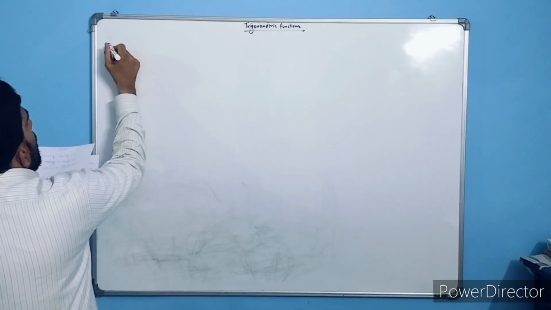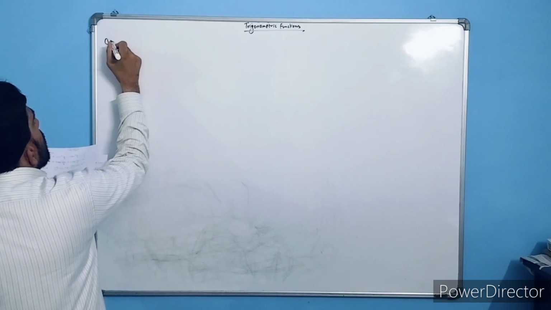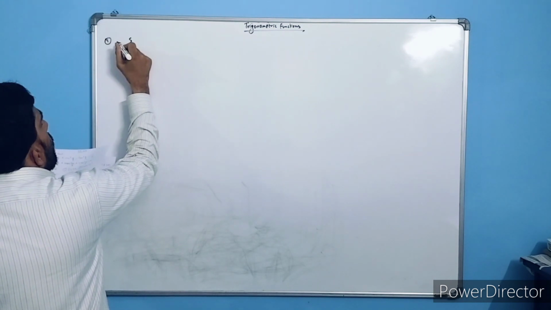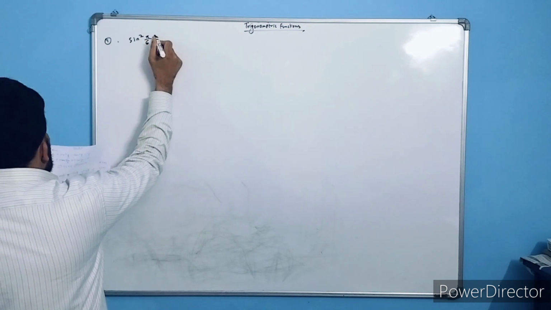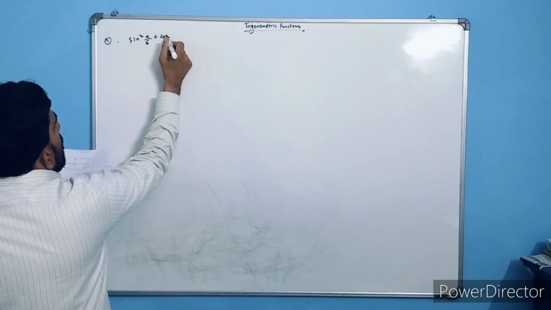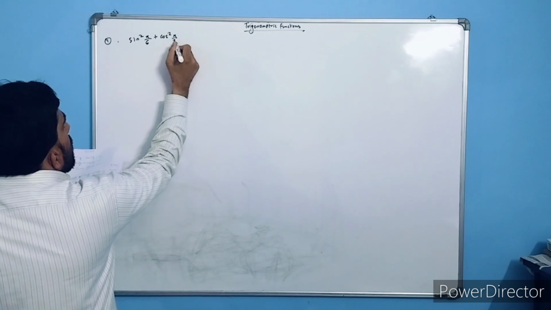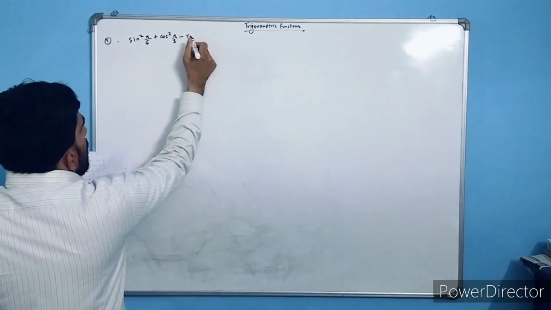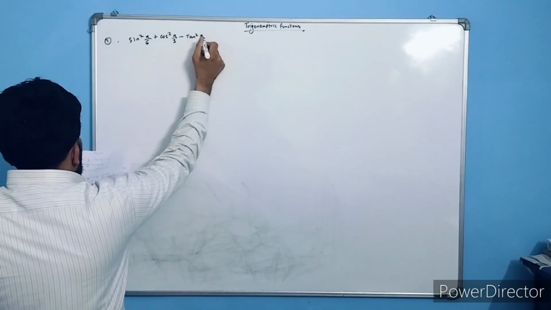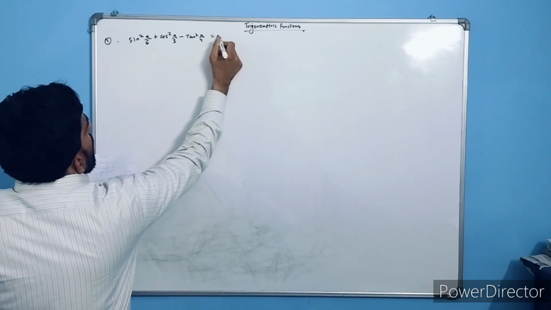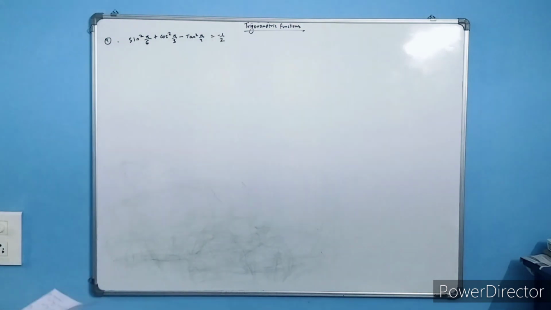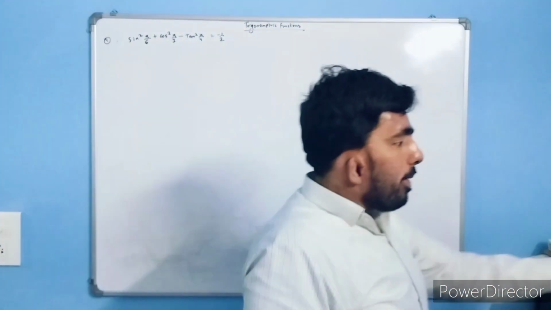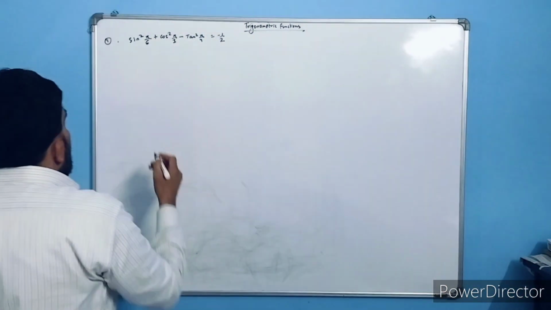They are asking you to prove first one, sin square pi by 6 plus cos square pi by 3 minus tan square pi by 4 is equal to minus half. Okay, this is the question here.